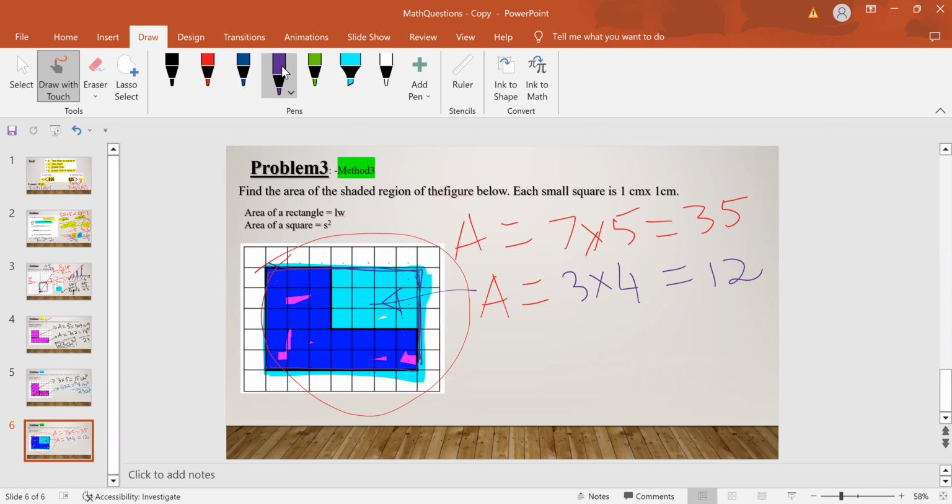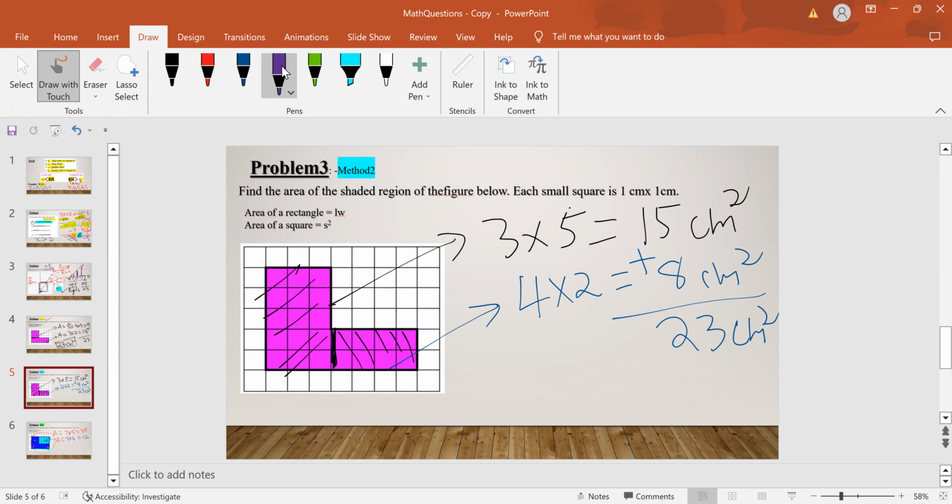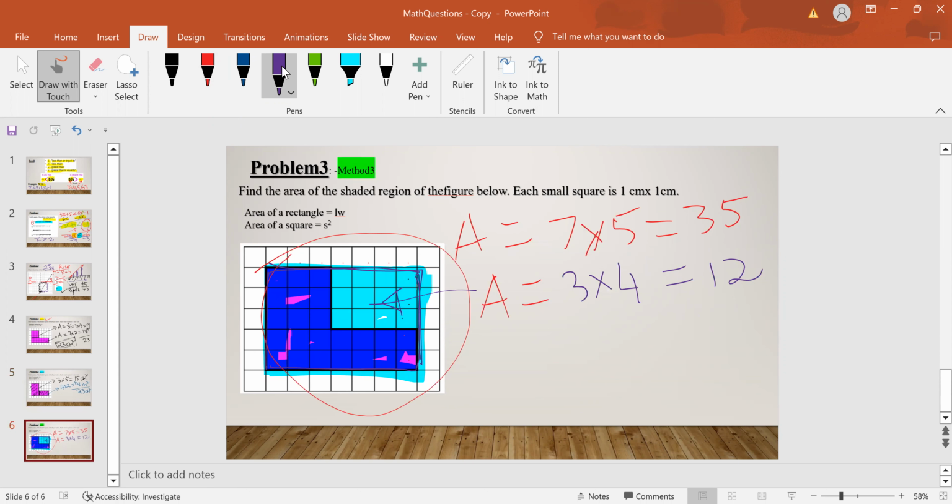Now to find the area of the dark blue region, if we go back to our original shape, it's not going to be an addition but a subtraction, because we have the big rectangle area minus that small one. Doing this, 35 minus 12, you have the same 23 square centimeters as the unit.